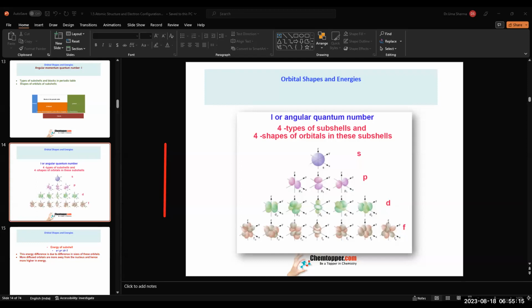This time I'm going to show you the periodic table the way it is in the exam, and you are going to use it to write the electron configuration.